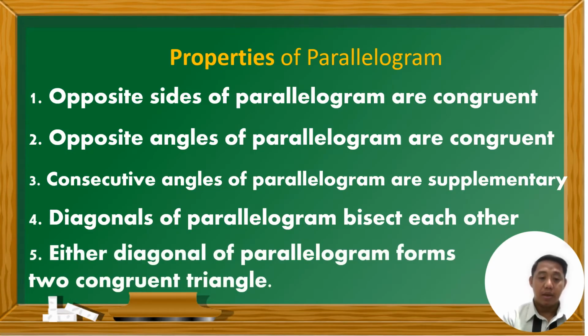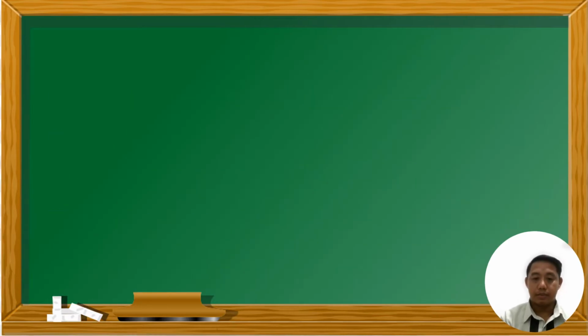And number 5, either diagonal of parallelogram forms two congruent triangles. Dapat guys, alam natin kung nasan yung opposite sides, kailangan alam natin i-identify. When we say congruent, equal yun in measurement. Opposite, magkatapat yun. Consecutive, magkasunod. Okay?